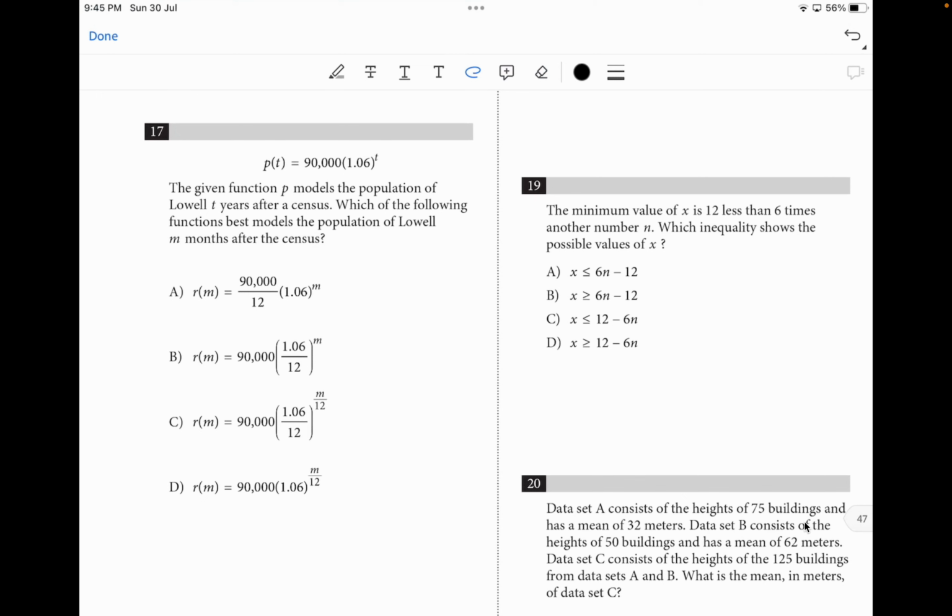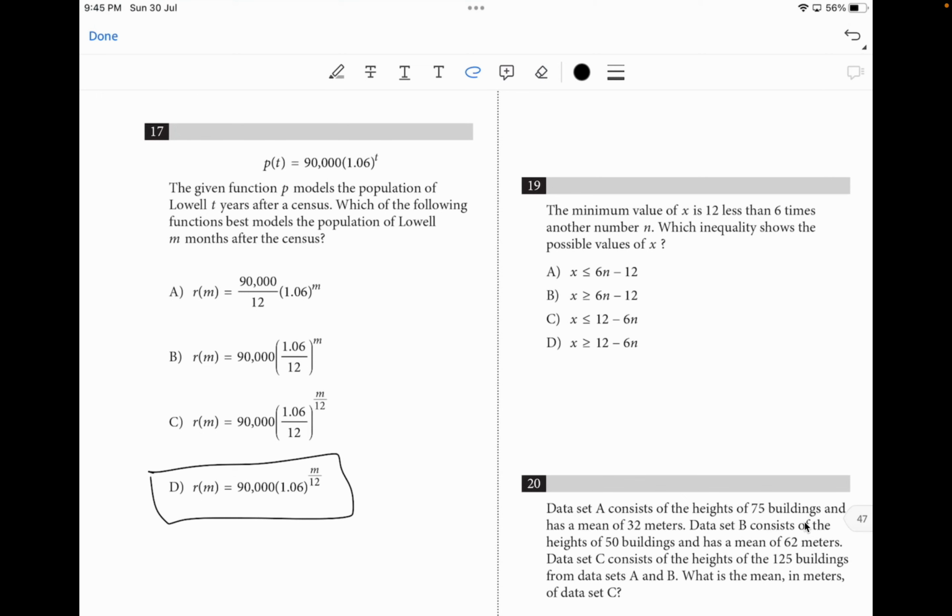The equation is shown, and there's a population of Lowell T years after census. So the function which best models the population after the census is going to be choice D. Choice D is going to be the correct answer for question number 17.